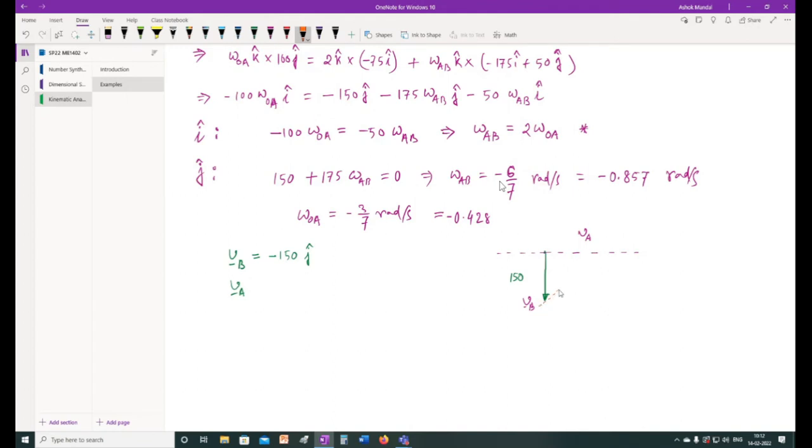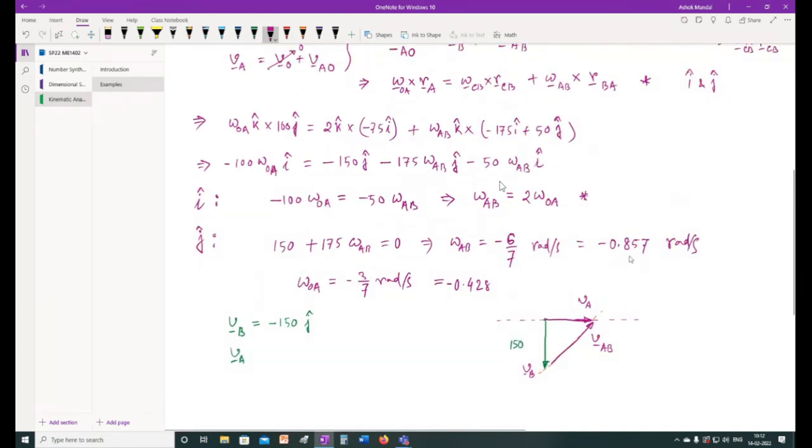You draw a line perpendicular to the coupler, and where that line intersects at this point, that gives you the solution. Then you say that this is the velocity of point A, and sorry, this is the line representing the velocity of point A with respect to point B. Got it?